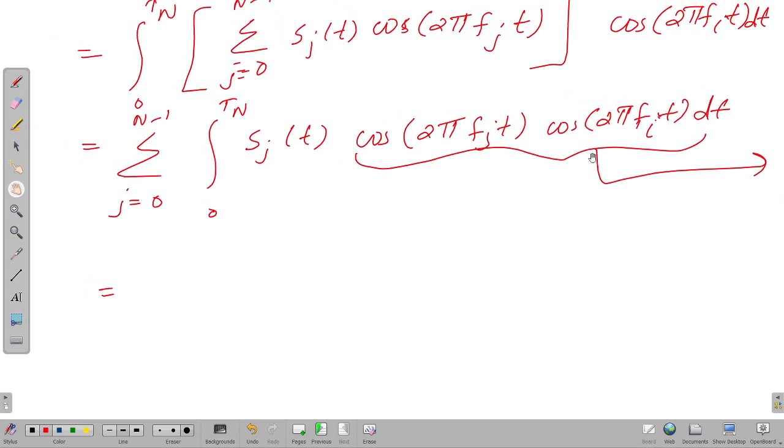Remember, this operation happens at one of the communication chains of the receiver. I'll show you the receiver soon.